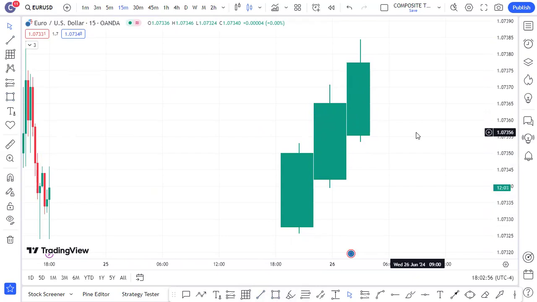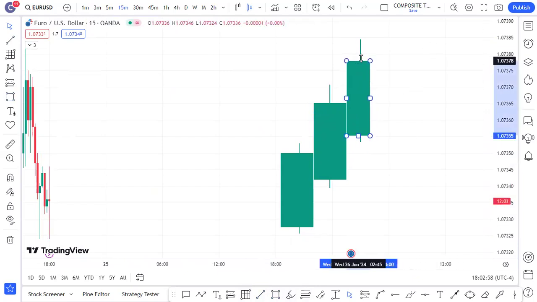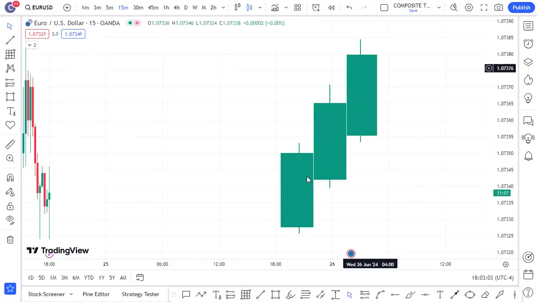So, whatever the direction, whether it's bullish or bearish, an imbalance is a space between three candles.